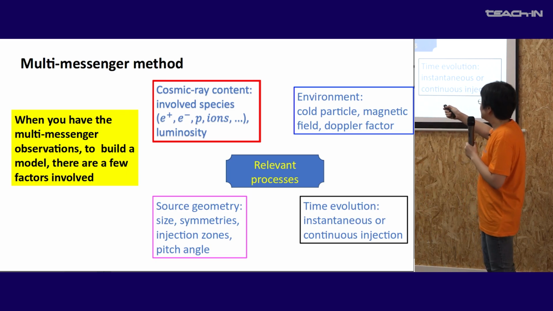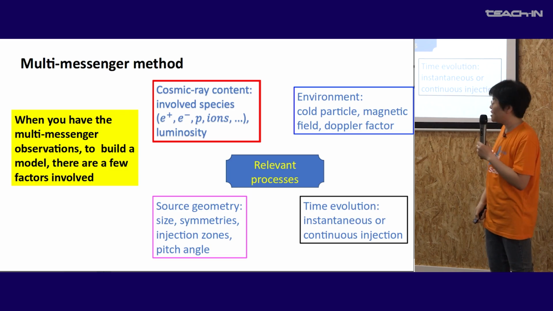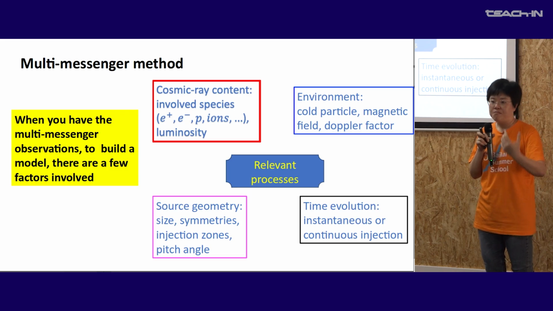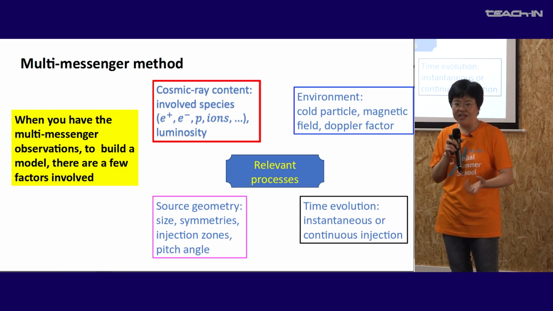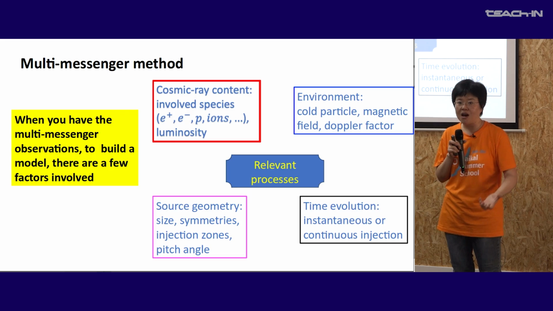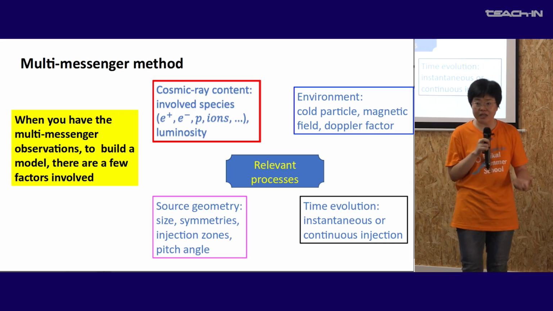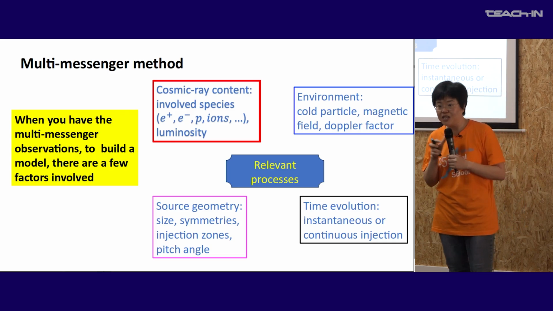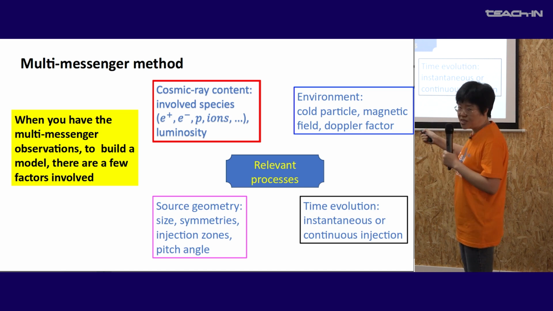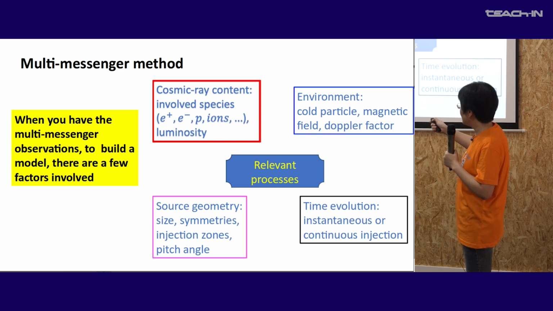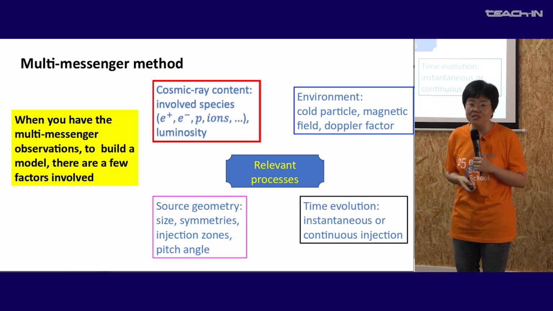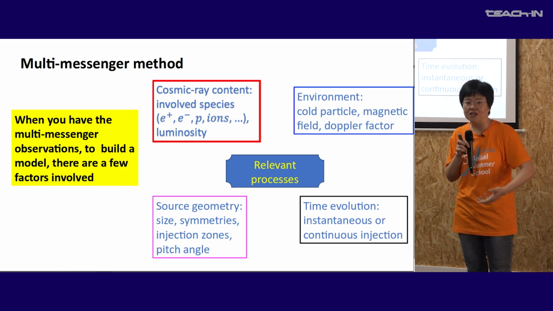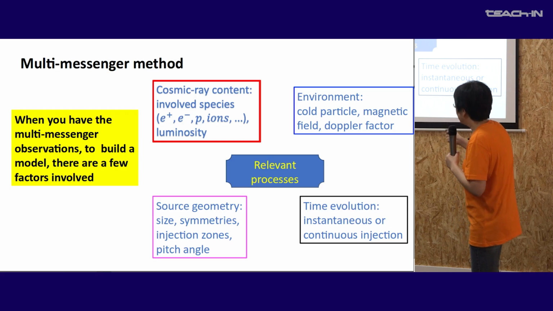The first one is the cosmic ray content, like how many particles you have and how they are distributed, with a power law or a power law with exponential cutoff, something like that. And what do they consist of, like electrons, positrons, protons, ions, and what are their luminosities? So the energy budget of that, or per second, how many particles they have. And that's the first one.